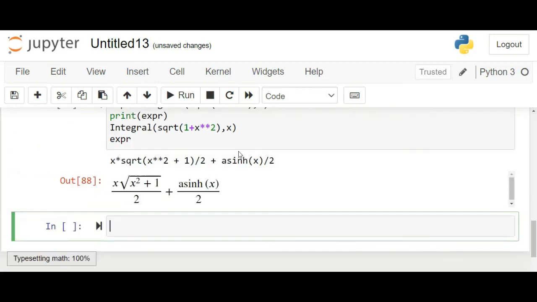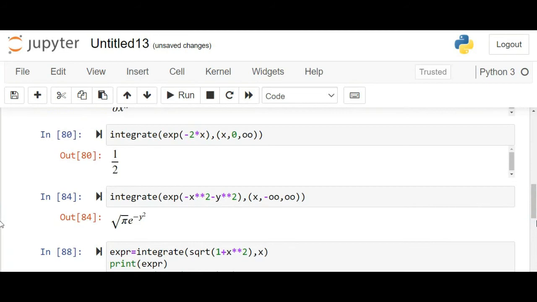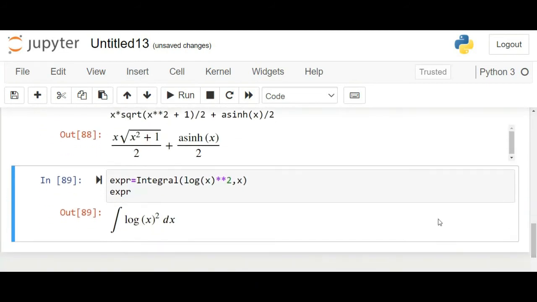Again, if we want to write the expression expr, the integral of log of x, inside the parenthesis we shall write log of x square, comma x, integral of, then we should write expr, and of course Control and Enter, we will get this result, log x square with respect to x.